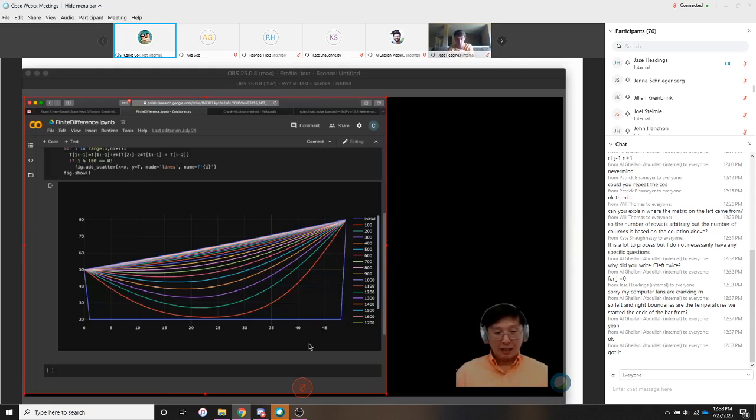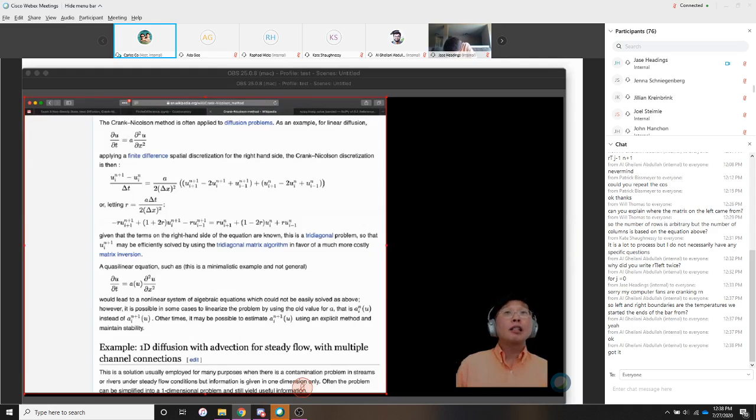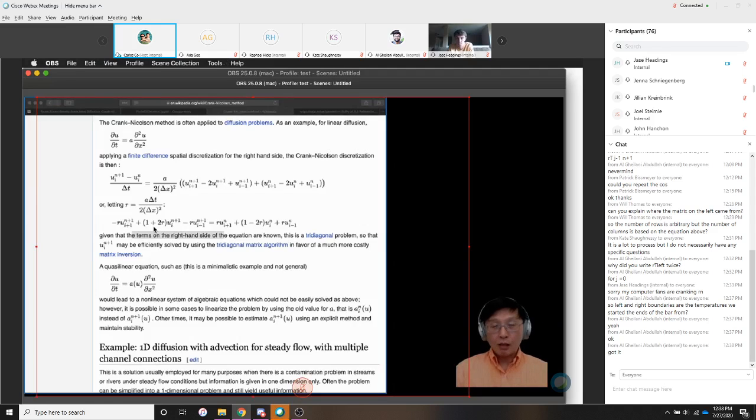So let's do this thing. Okay. So now, before I get to that, let's take a look at our Wikipedia. So this is essentially what they're doing, right? Given the terms on the right-hand side, you see this expression here. So I just basically wrote out the matrix for you.